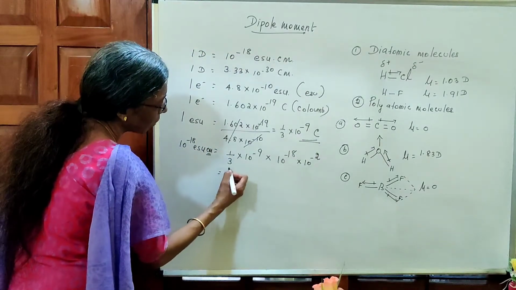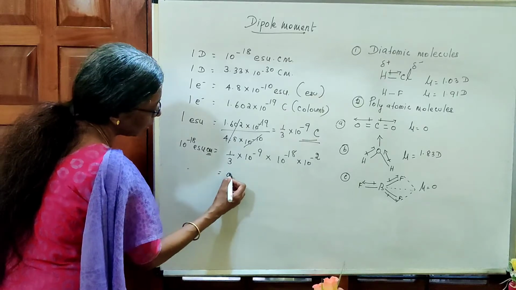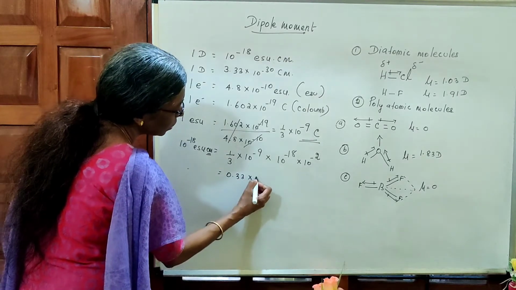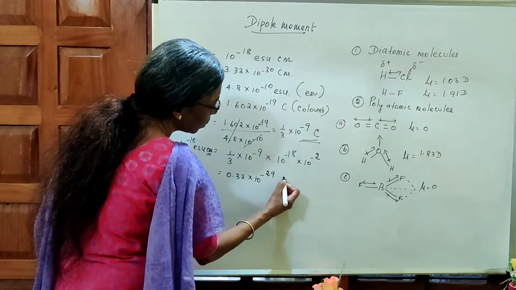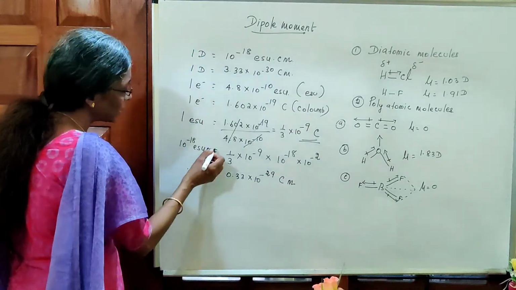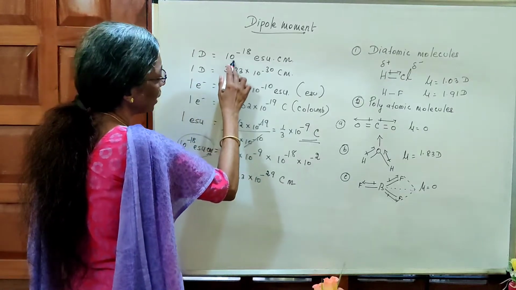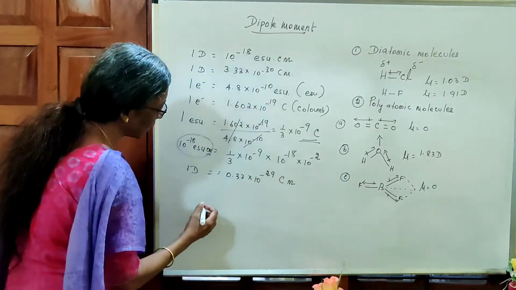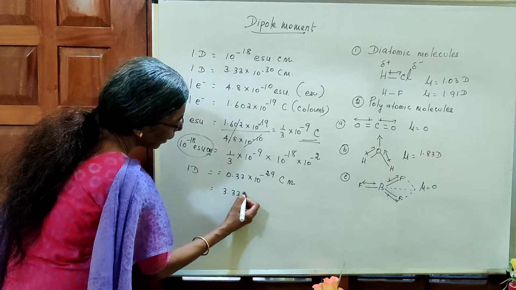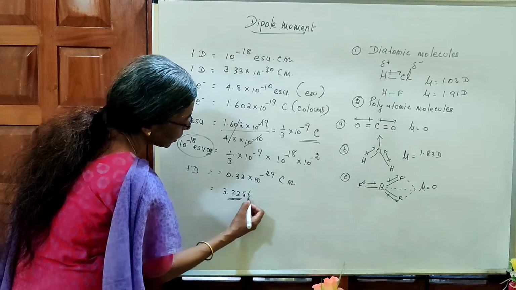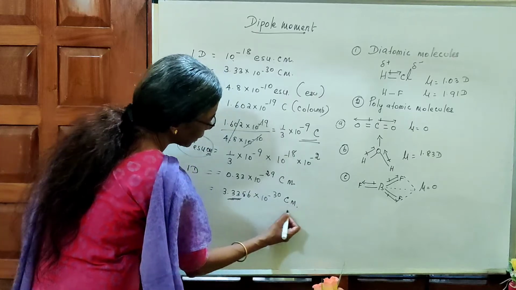What do you get? 1 by 3, that is 0.33 something into 10 raised to minus 29 coulomb meter. This is equal to 1 debye. We know already 1 debye is equal to 10 raised to minus 18 ESU centimeter, and this is equal to 3.33564, which is sufficient, into 10 raised to minus 30 coulomb meter.